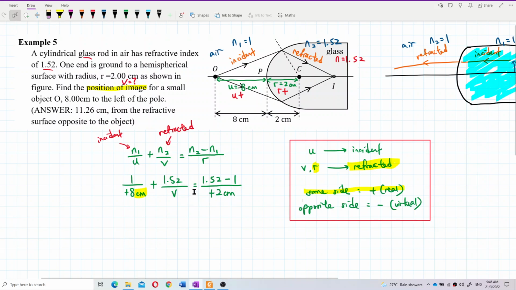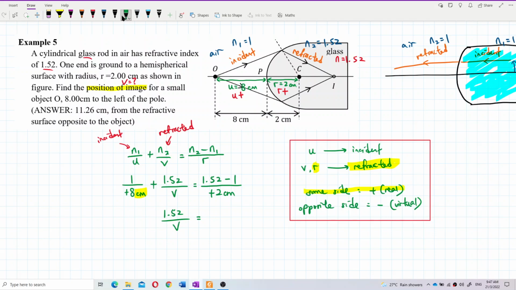So first of all, let's get the image distance. Let's calculate and see what we get. 1.52 over V, and then we go to the other side. So 1.52 minus 1 equals this one, divided by 2 centimeter, minus 1 over 8 centimeter.